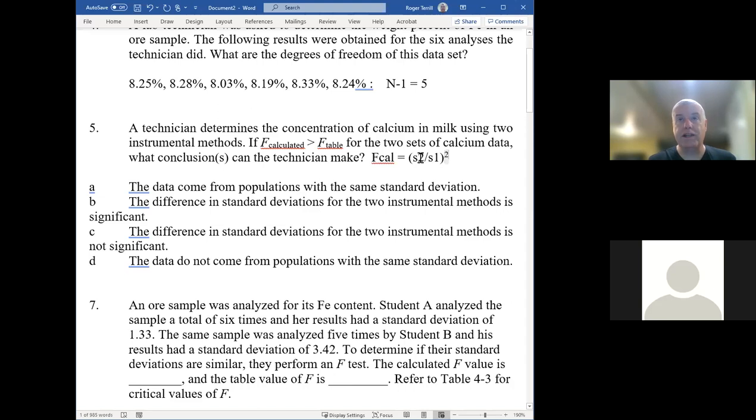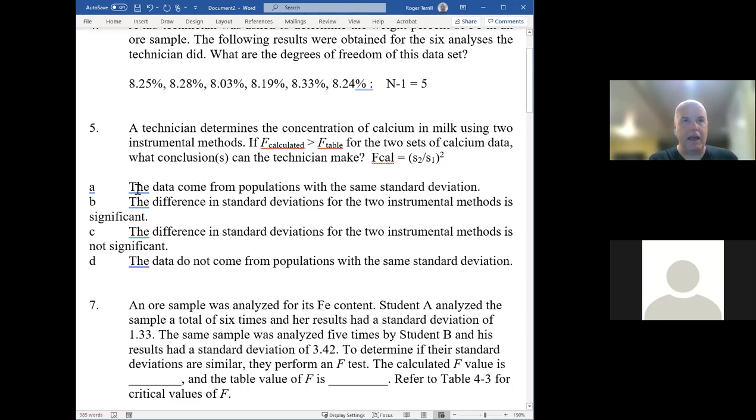And so that's the ratio of the standard deviations. If the ratio is large, F cal is large. If F cal is large, then the data must be different.